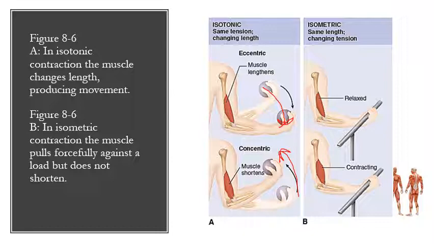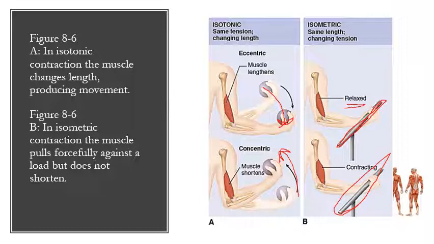Okay, so now let's look at isometric. Isometric, look at how it's on a solid bar. That bar does not move. That hand does not move. See the bar here? You don't have any movement. But look what happens to your muscle.